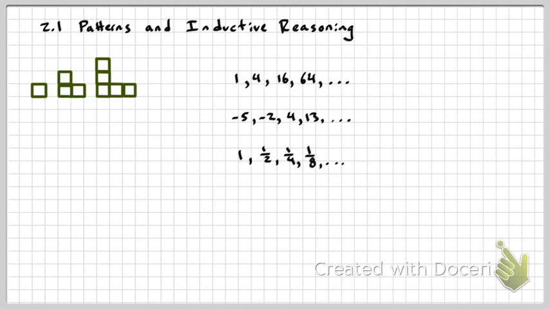So as you look at that first diagram, notice that we start off with 1 block. And in the next figure, we're adding a block to the top and to the right. And the next figure, we're adding another block to the top and to the right.